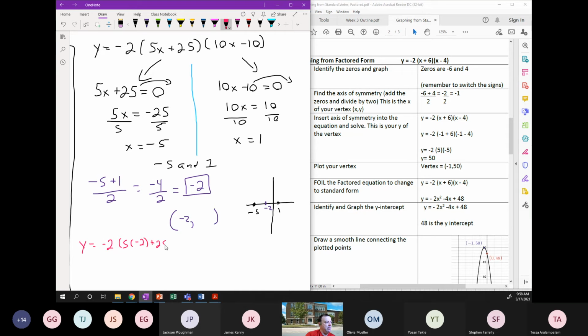Plus 25 and 10 -2 minus 10. I will give you a minute to plug that into your calculators before I do the same. Put a D in chat when you're all done your calculation.